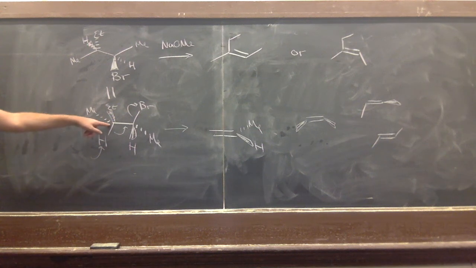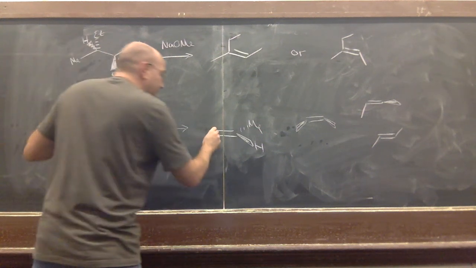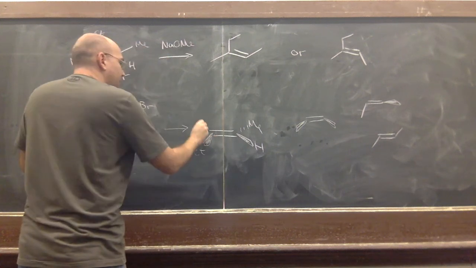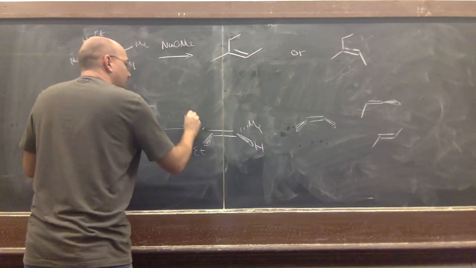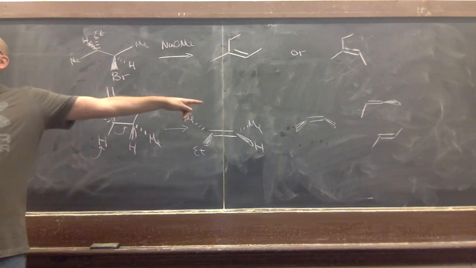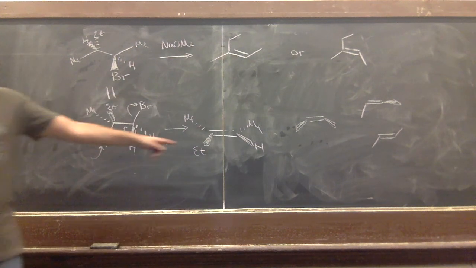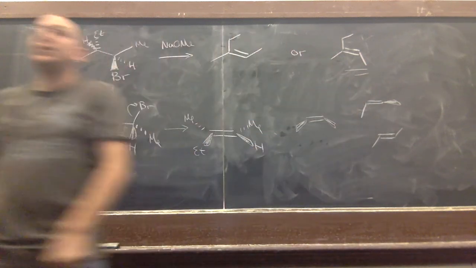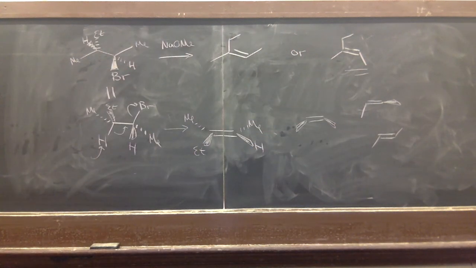Here, the ethyl group is still coming towards you. The methyl group is still going back. So the methyl groups are on the same side, right? So this is this.